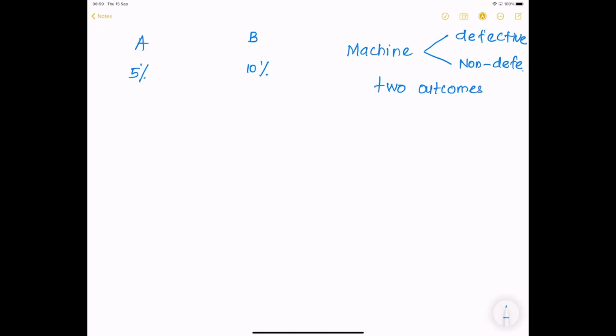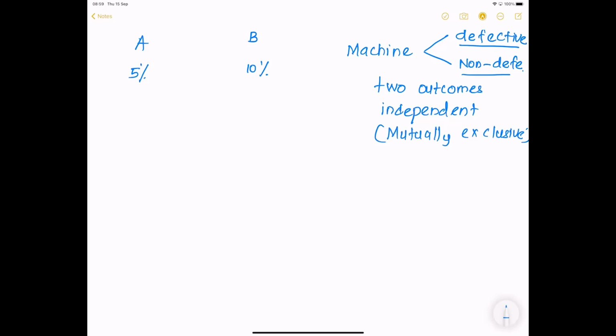Also, those are independent, mutually exclusive. Therefore, the non-defective items don't depend on defective items, and defective items do not depend on non-defective items. Therefore, those two events are independent.